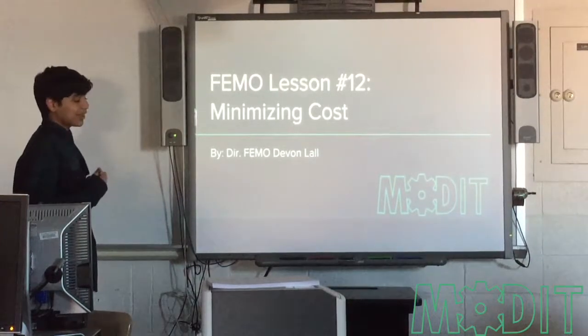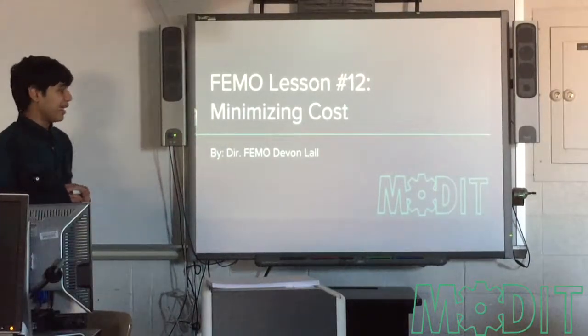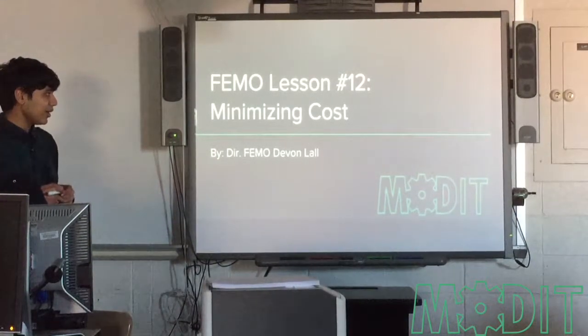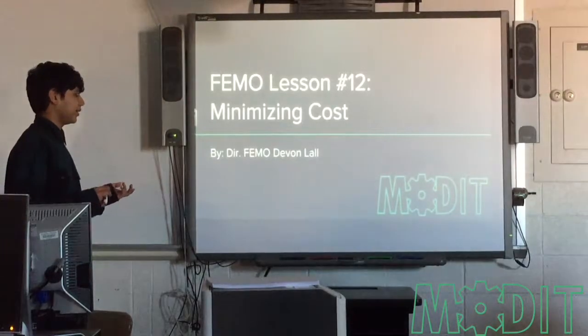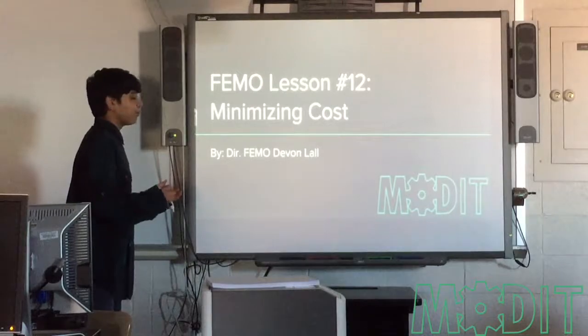There is minimizing cost and there's maximizing profit. Now, they may sound a bit different and also similar because it seems like you're just making more money, but they are actually completely different.